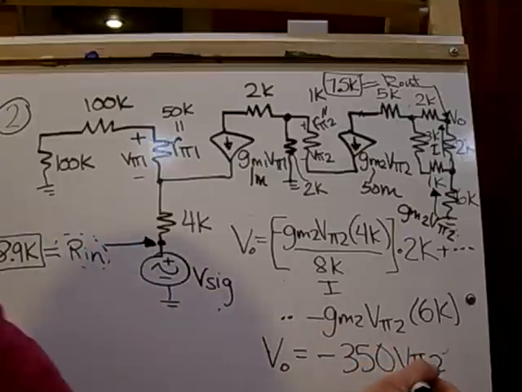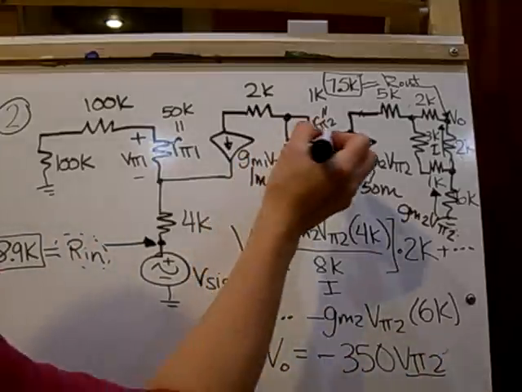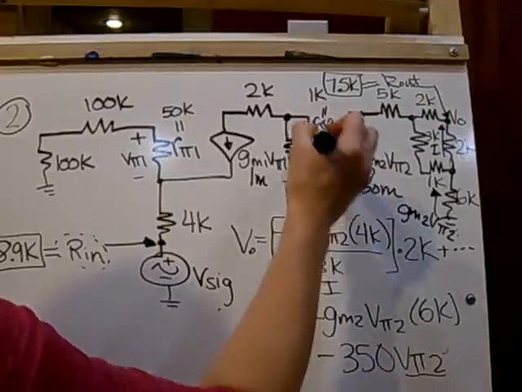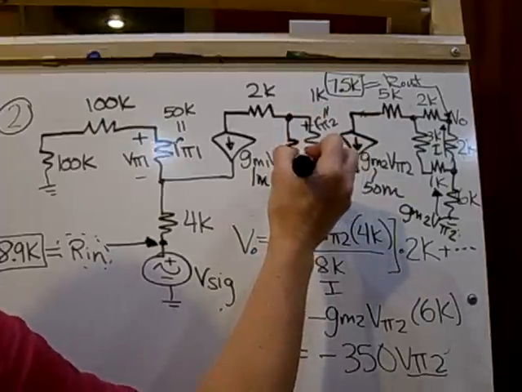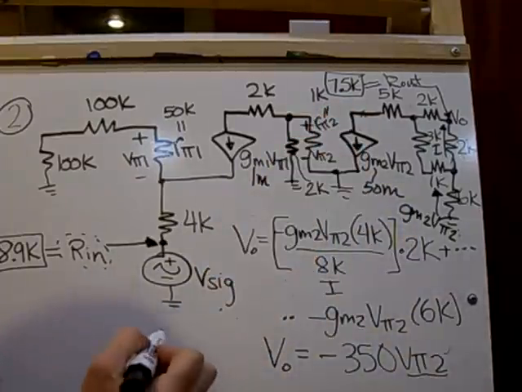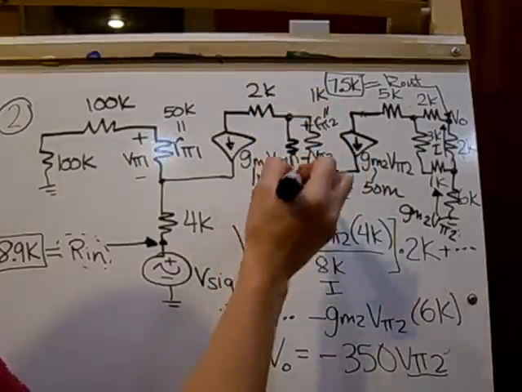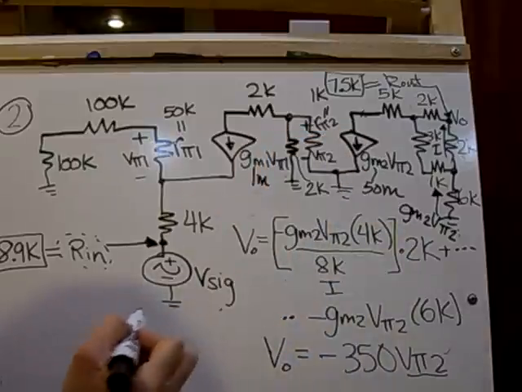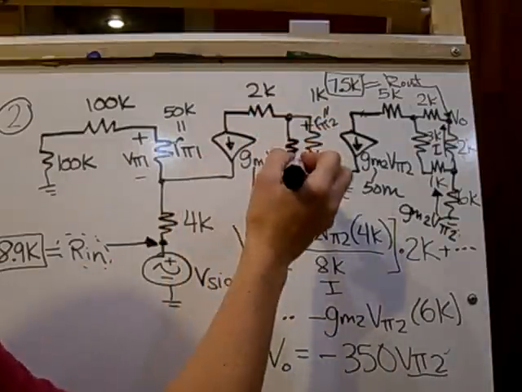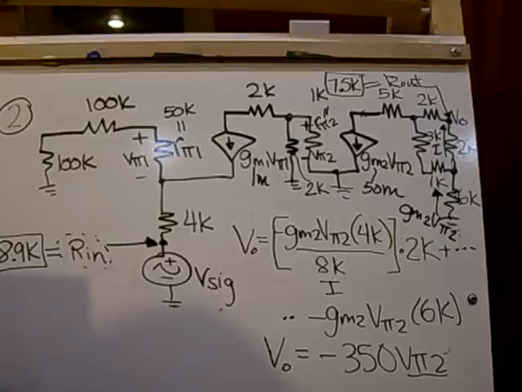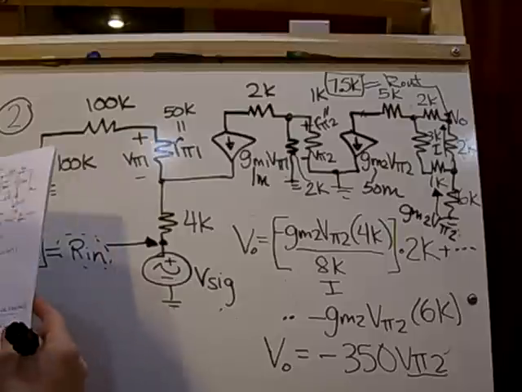So now I need to find an equation for V pi 2, which is located across here. This goes to ground here, so V pi 2 is across R pi 2, but note that it's also, because it goes to ground here and here, these two are in parallel. So I know the current going through them, and I can again use a voltage or a current divider.